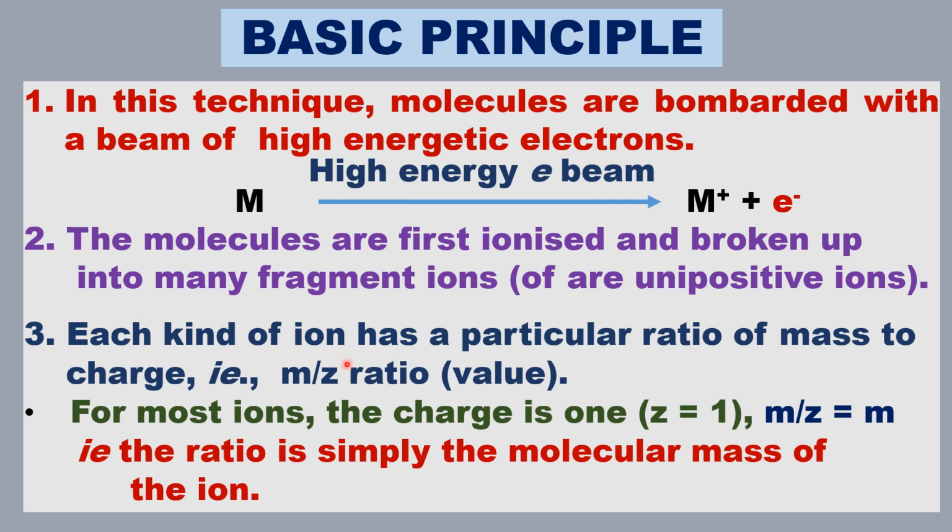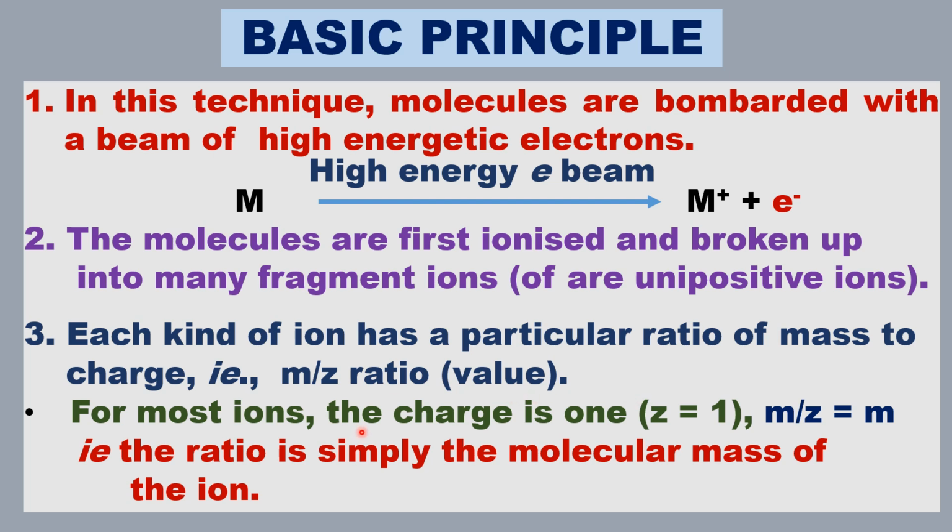Each kind of ion that is produced has a particular mass to charge ratio value. Each ion has a specific m by z ratio value.